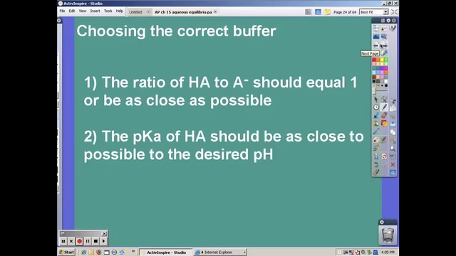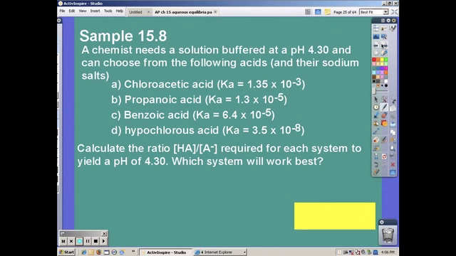Alright, finally, choosing the correct buffer, the ratio of acid to base should be as close to 1 as possible, and the pKa of the acid should be as close to the desired pH as possible. So here we want to make a pH of 4.3 buffer, and we have 4 acids to choose from. The first thing we want is a pKa close to the desired pH.